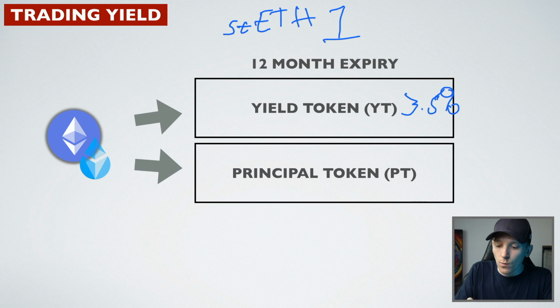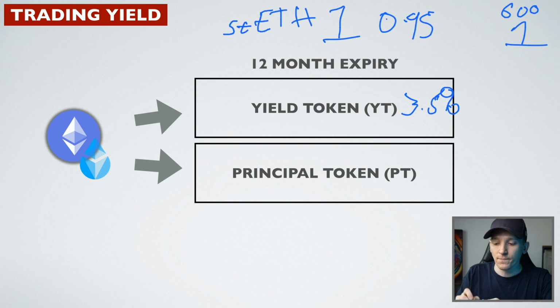So what you'll do is you can redeem 1 staked ETH in 600 days. And if you're trading right now, essentially you'll be trading and buying like 0.95 staked ETH. And so what happens between when you enter the contract and when the contract ends is that the price slowly moves up to eventually meet that 1 staked ETH.